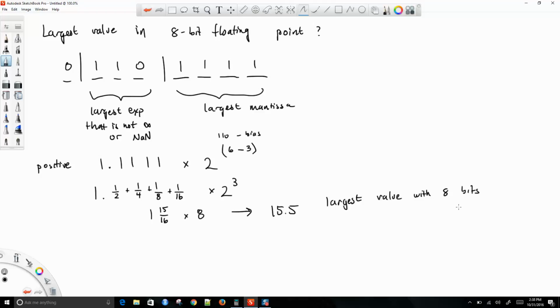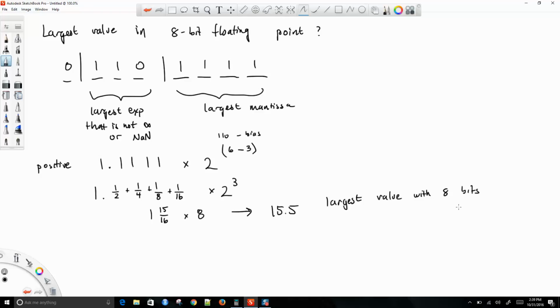This is why I said nobody would use 8 bits in reality: if the largest number you can store is 15.5 and anything bigger than that the computer says is infinity, it's not a very useful system for numbers. So the computer uses single precision, which uses 32 bits, and our default is double precision, which uses 64 bits to store a number.